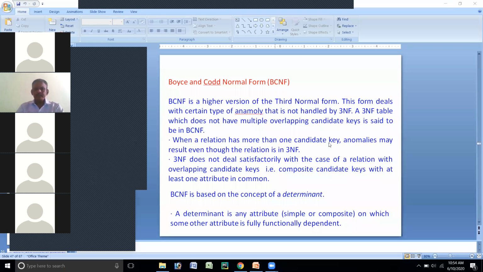Then we have to continue with the last rule, called BCNF, that is Boyce-Codd normal form.